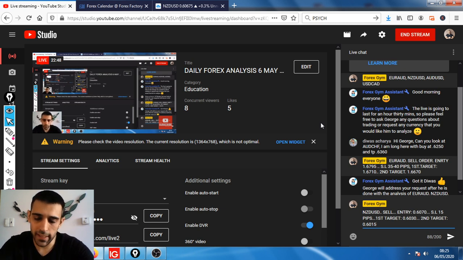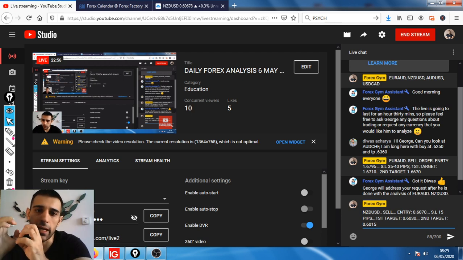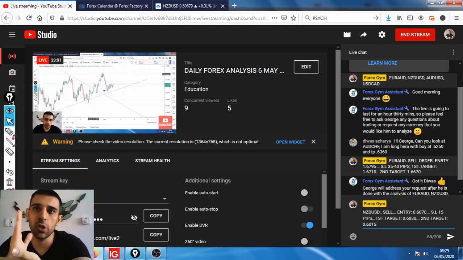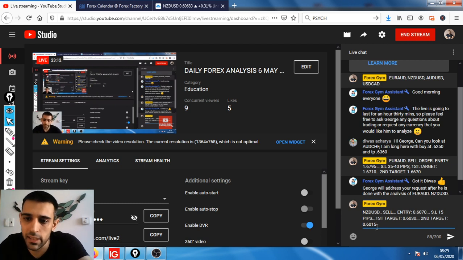What you can do is split the position. So let's say you're not sure and you don't want to risk the entire size, then you can split the position. For example, let's say you're trading £2 per pip. You can take the £1 size off at the first target and then run the remaining half to the second target.